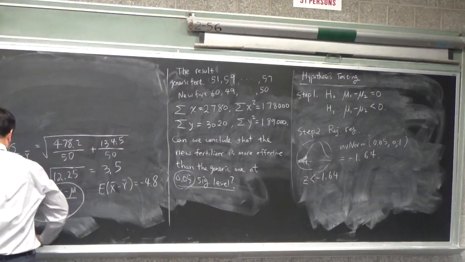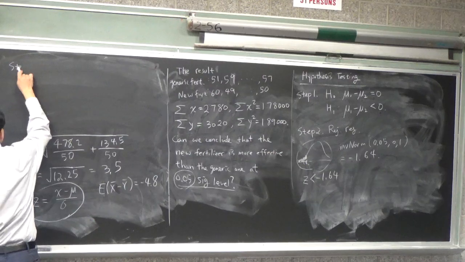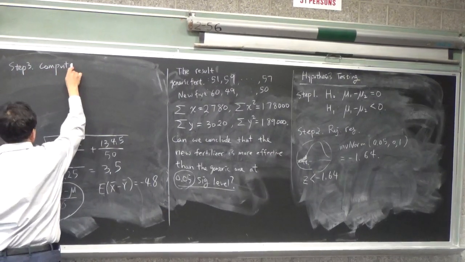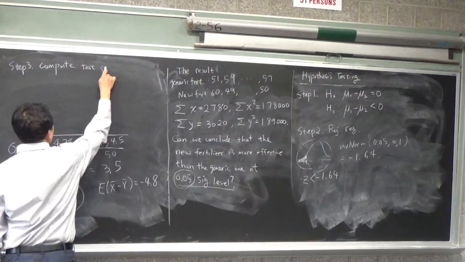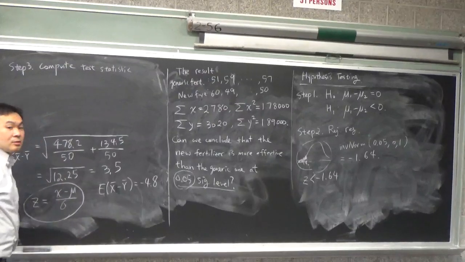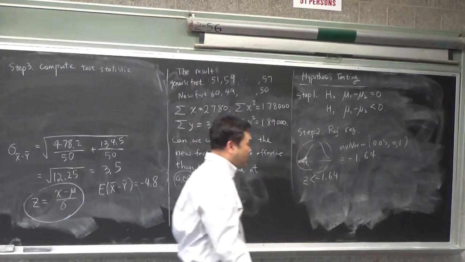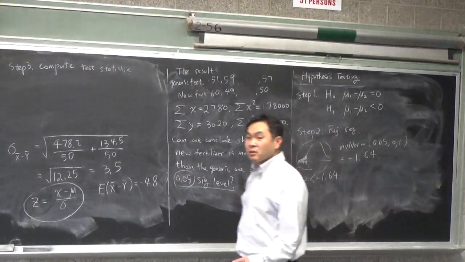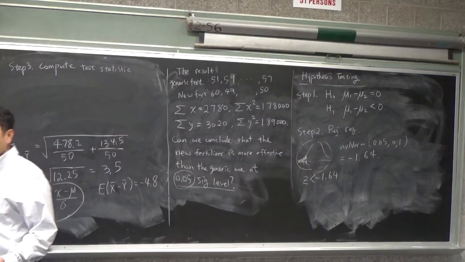Step 3 is when you compute the test statistic. So far, all of the hypothesis testing that we've done were either z-score or t-score.